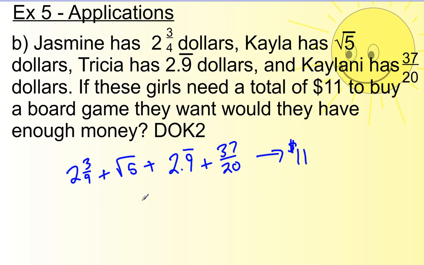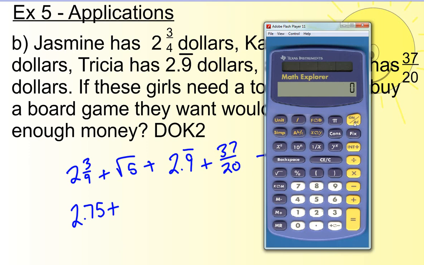Well, let's see. This 2 3/4 as a decimal is 2.75. You can divide by hand if you don't trust me, or divide using a calculator, but it is. Square root of 5. I think it's calculator time.